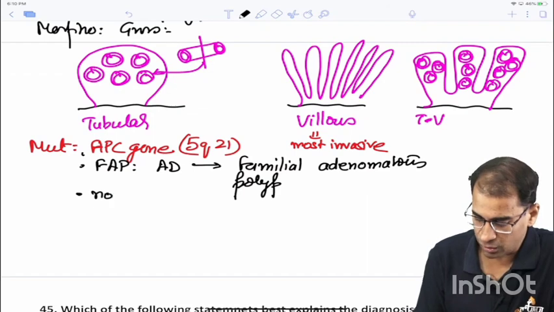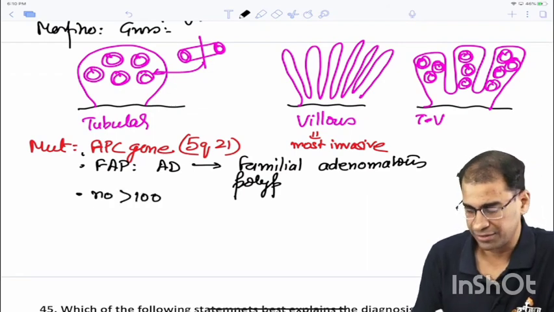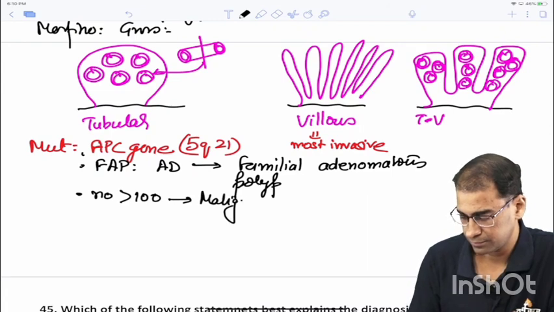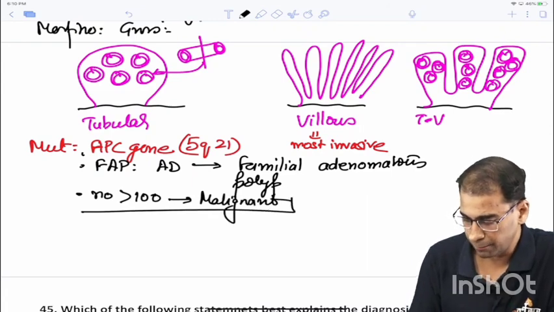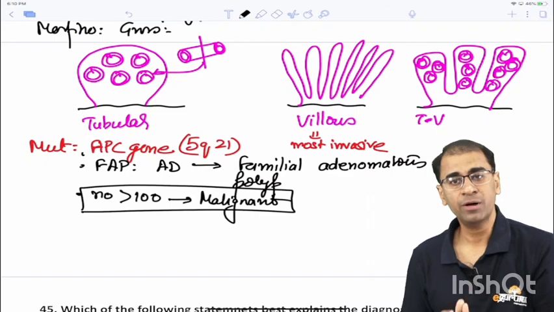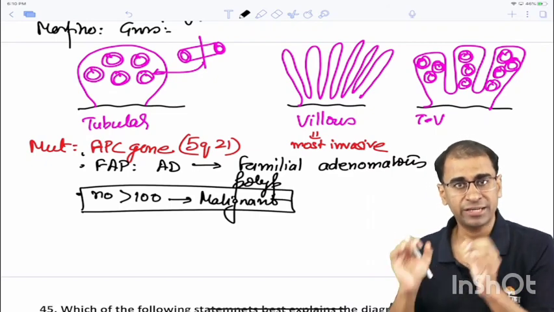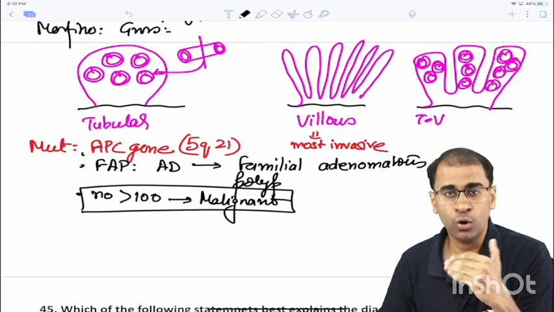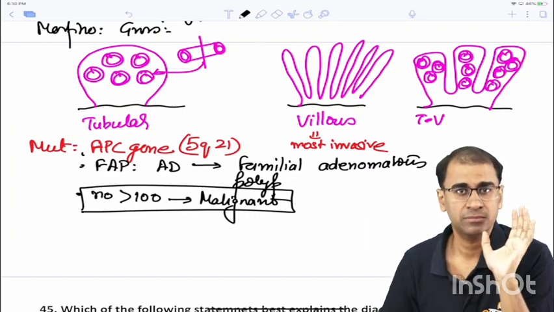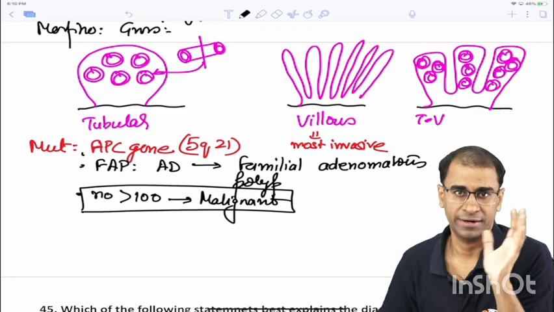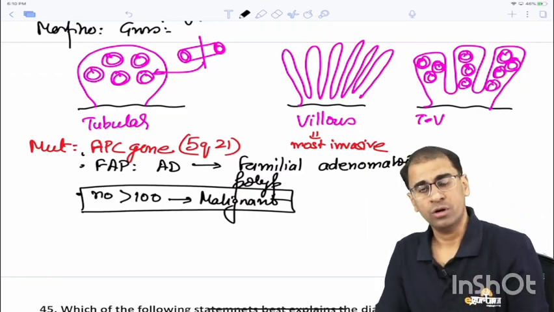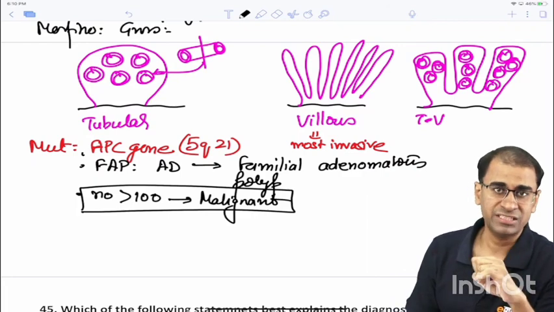Now, if the number of polyps is more than 100, it is surely malignant, and therefore the patient should be offered colectomy. In fact, nowadays there is screening going on, and the screening looks for the APC gene mutation.